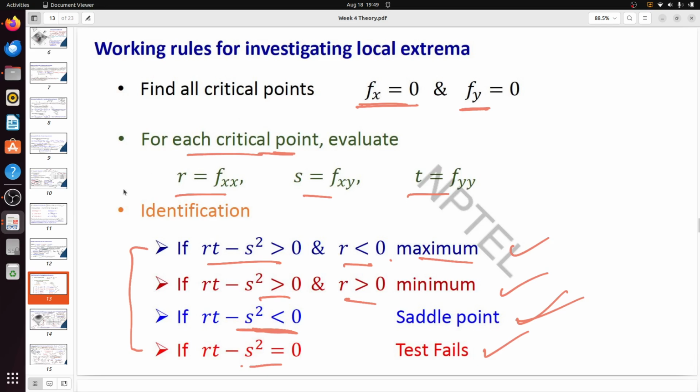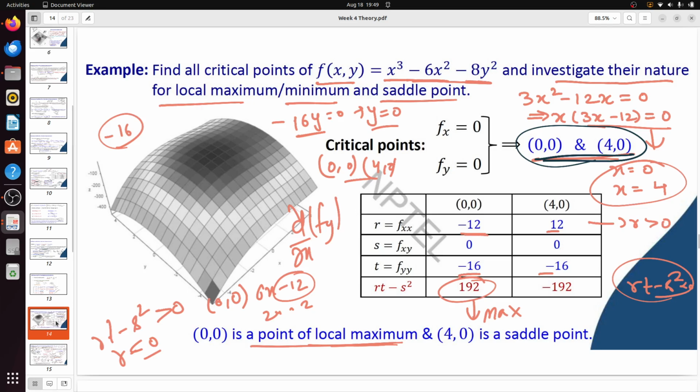Okay, I hope that you have already read this problem. So next I will solve a few problems.